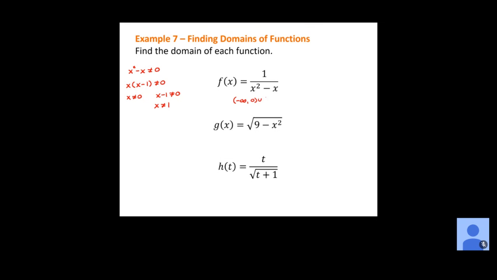Negative infinity to 0. Then we're going to go from 0 to 1. And then finally from 1 to infinity. Because we want to include every other real number except for 0 and 1 in this case. So we end up breaking this into 3 separate intervals.